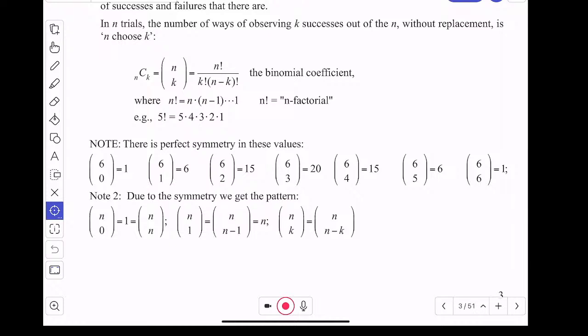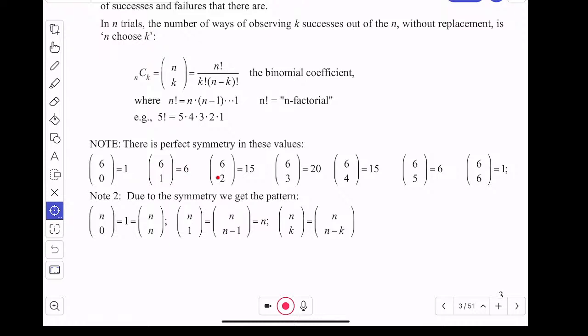And how many ways are there of seeing 6 successes out of 6 tries? Success, success, success, success, success, success. That's only one way. And then these two are each going to be 6 for the same reason. We saw that in class. The other ones aren't so clear, so you would probably have to use your calculator.